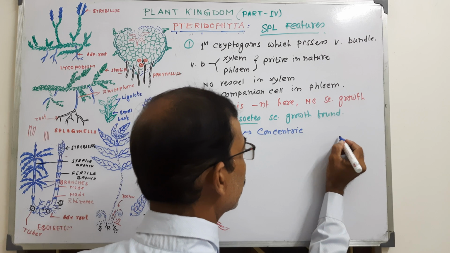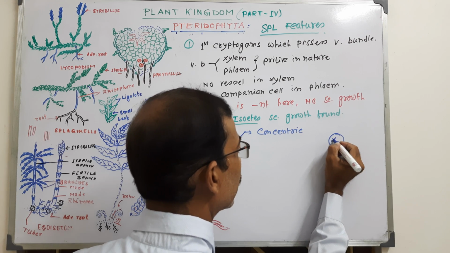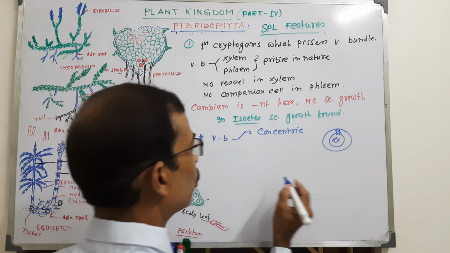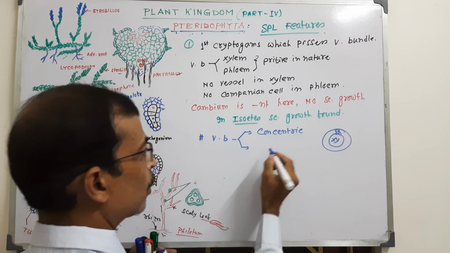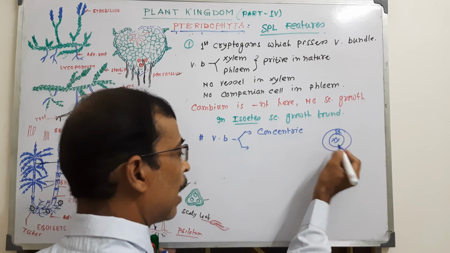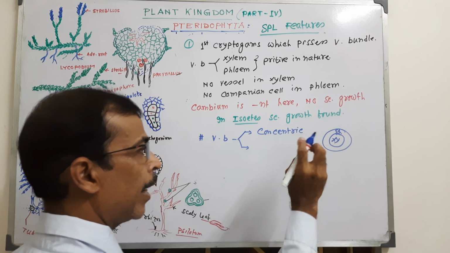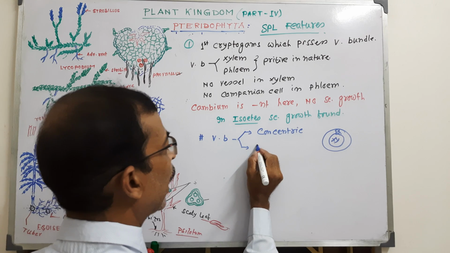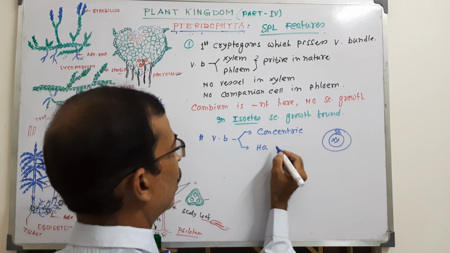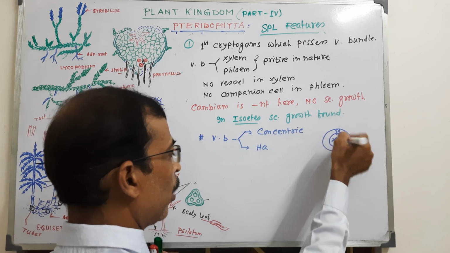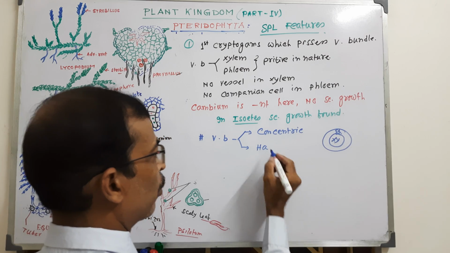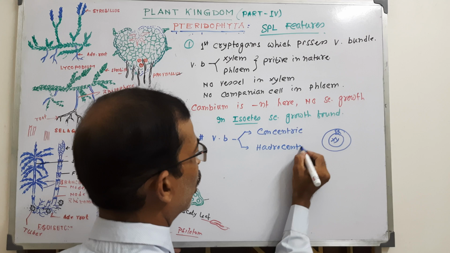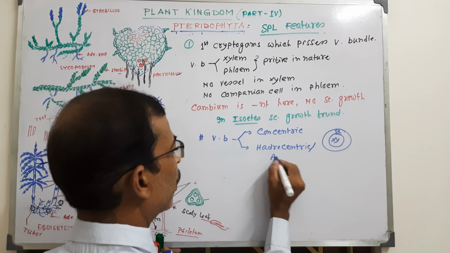Here they are hydrocentric, that is centrally located xylem and peripherally located phloem. So they are amphicribal concentric. As hydro means water, that is water carrying tissue in the center, it is called hydrocentric or amphicribal. Amphi means phloem surrounded.